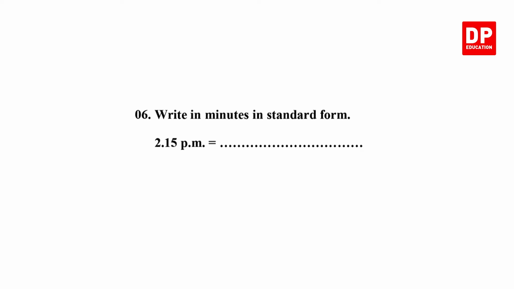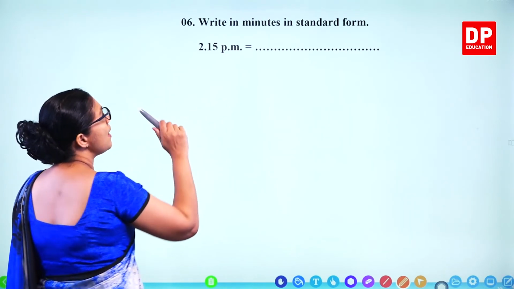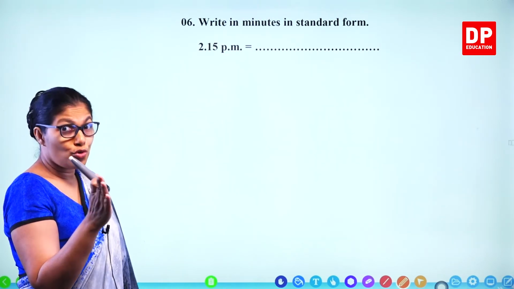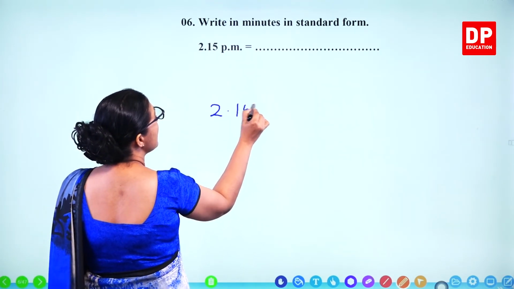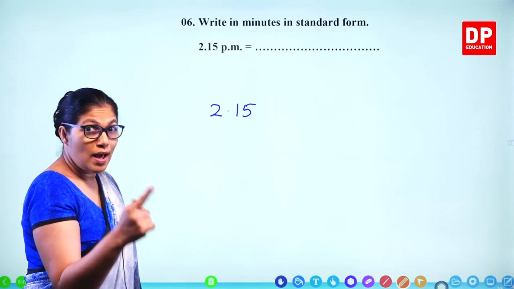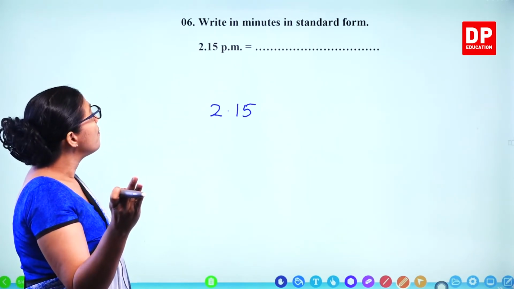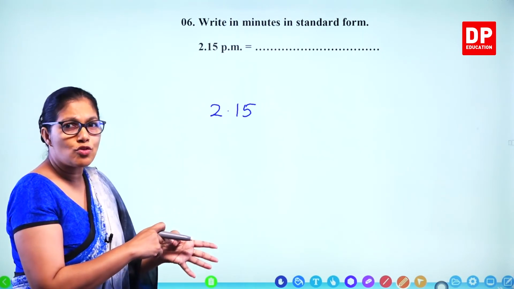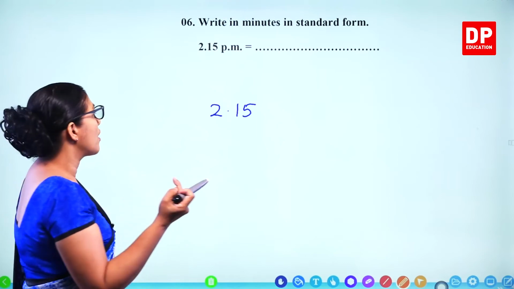Question number 6. Write in minutes in standard form. So how you write down PM? PM means after 12 noon. So you are adding 12 to that. So all these AM values, if you are adding 12 hours, that means you get PM value. So 1 o'clock means 12 plus 1, 13. 14 means 2 o'clock.